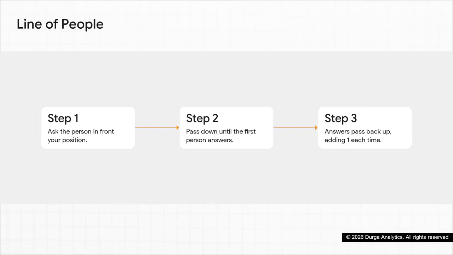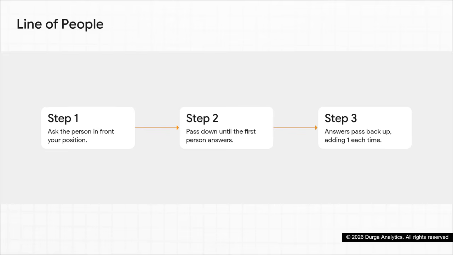That first person is our base case. They can confidently say, I am first. My position is 1. Then that answer passes back up the chain. The second person adds 1 and says 2. The third adds 1 and says 3, rippling all the way back up to you. Each person solved a smaller version of the same problem and built on the answer from ahead.